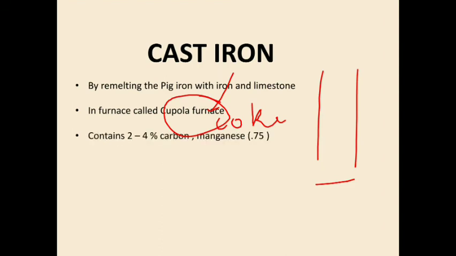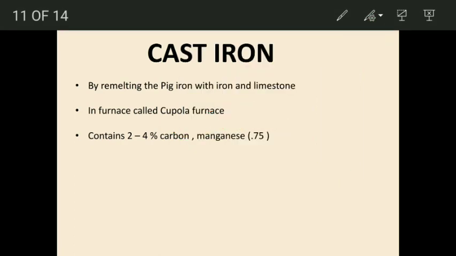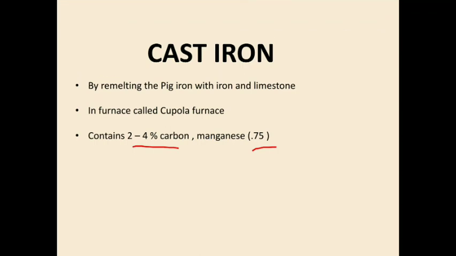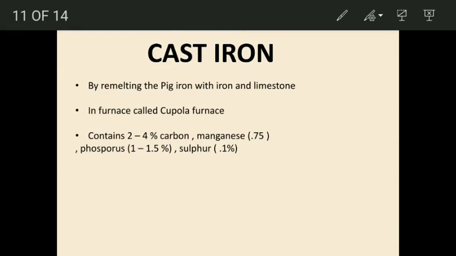The cast iron has about 2 to 4% of carbon and manganese of about 0.75%, while the pig iron had 3 to 4% of carbon. It has phosphorus of 1 to 1.5% and sulfur of 0.1%.